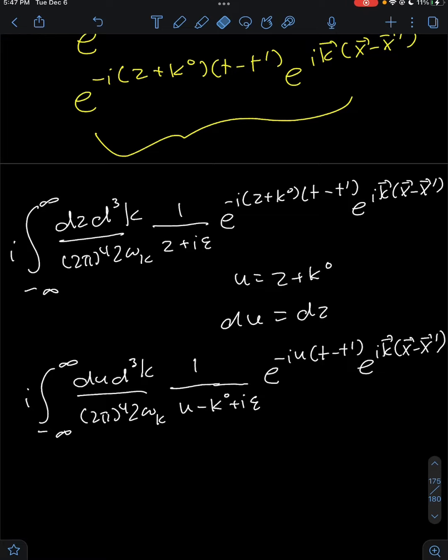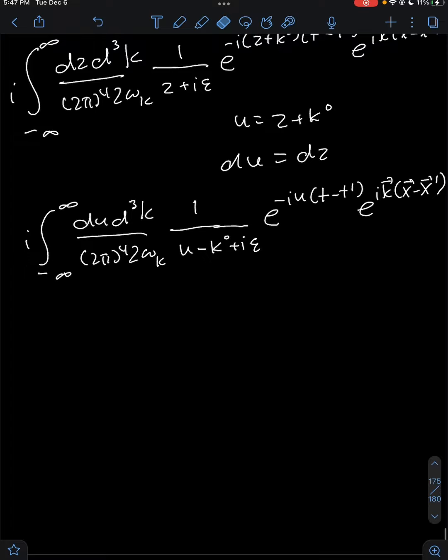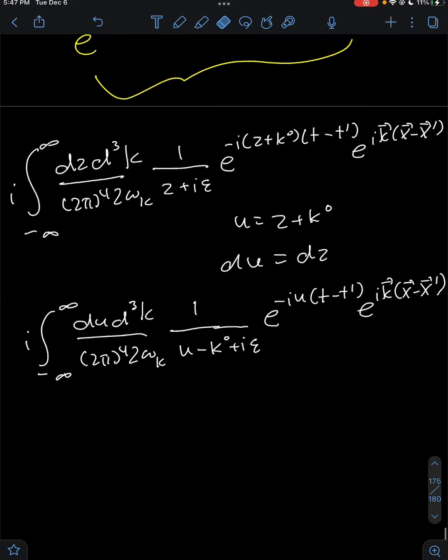And this is where the actual weird part comes in. It would be really nice if we could combine these terms somehow to get some exponential raised to the minus i times some sort of 4-vector v and then x^mu. But we can't really do that.